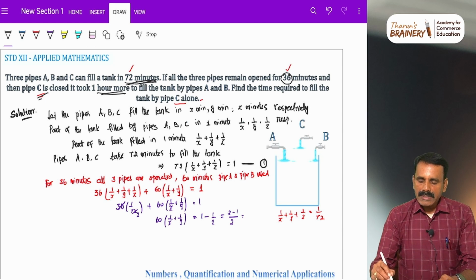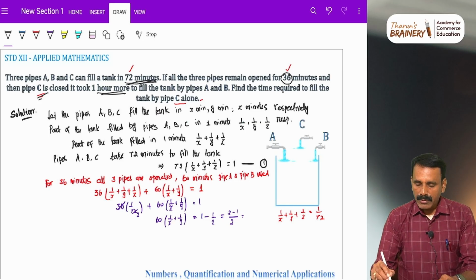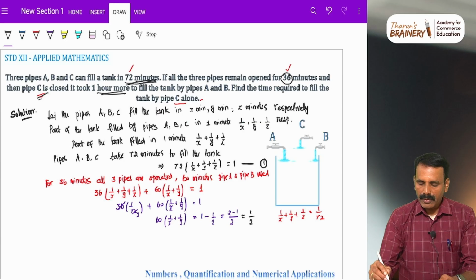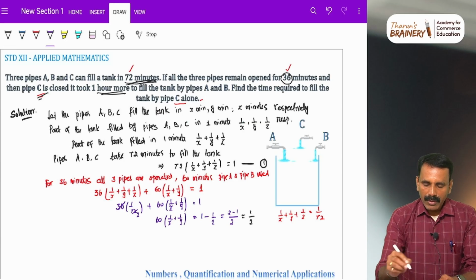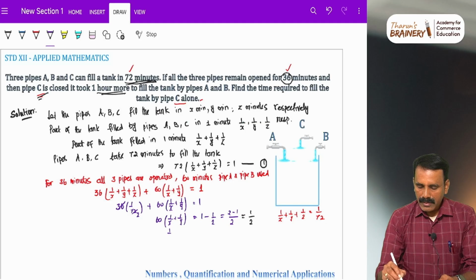So, 2 minus 1 is 1 by 2. From this expression, we are going to get the value for 1 by x plus 1 by y. 1 by x plus 1 by y is equal to, we take the 60 to the other side. So, it is 1 by 2 into 60, that is equal to 1 by 120.